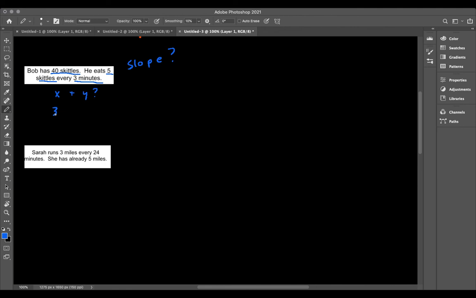The next is, what is output every 3 minutes? It's 5. That would be the amount of Skittles that he eats. So if you think about it in terms of slope, it's the change in y over the change in x.